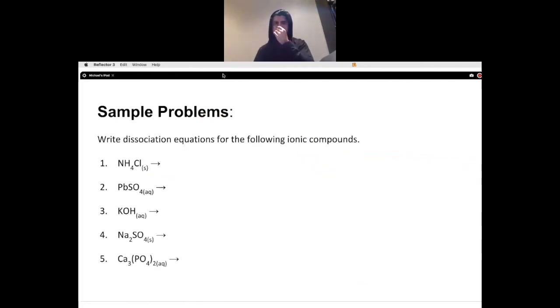Okay, and lastly here, some sample problems. It's going to ask you to write dissociation equations for the following compounds. Okay, so notice for the most part, most of them are (aq). I could have included that as (aq) if I wanted to, but what we're relating it to is if it's not as an (aq), it means I'm dissolving it in water.